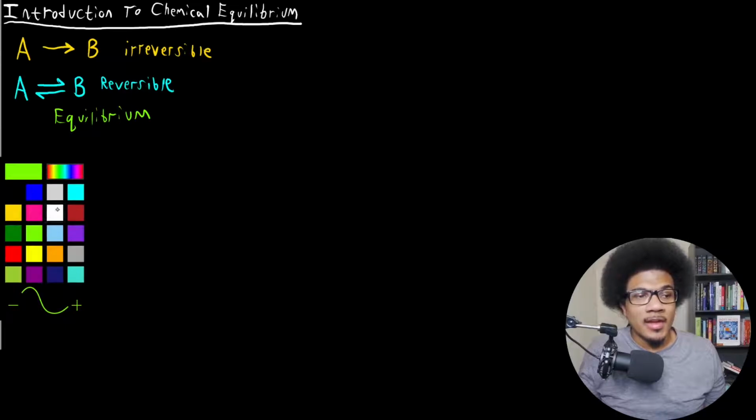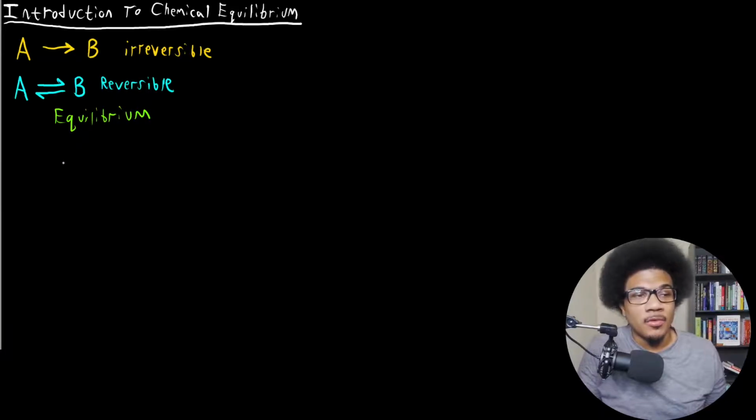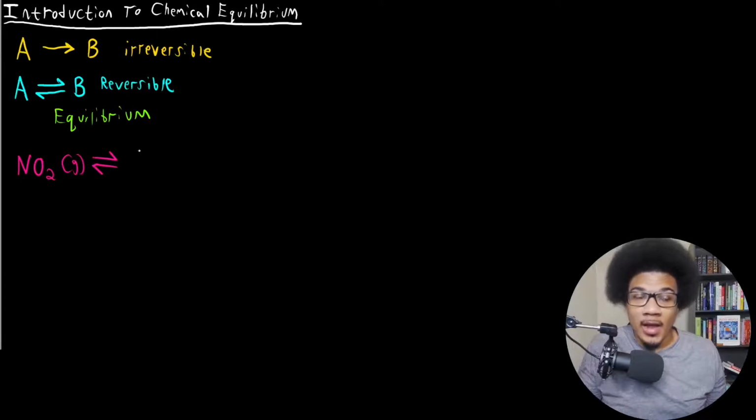So let's look at an example of a reversible process. If you take NO2 gas, it can dimerize and form N2O4. If we're balancing this, then we've got to put 2 there.